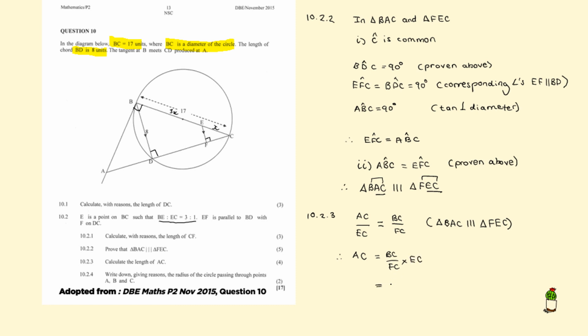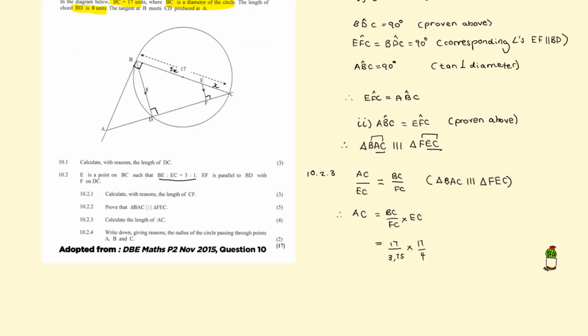Right? Remember, this is 17. We calculated this as 3,75, and this was 17 over 4. Okay. And then plugging this into our calculator gives us, to 2 decimal places, 19,27 units.